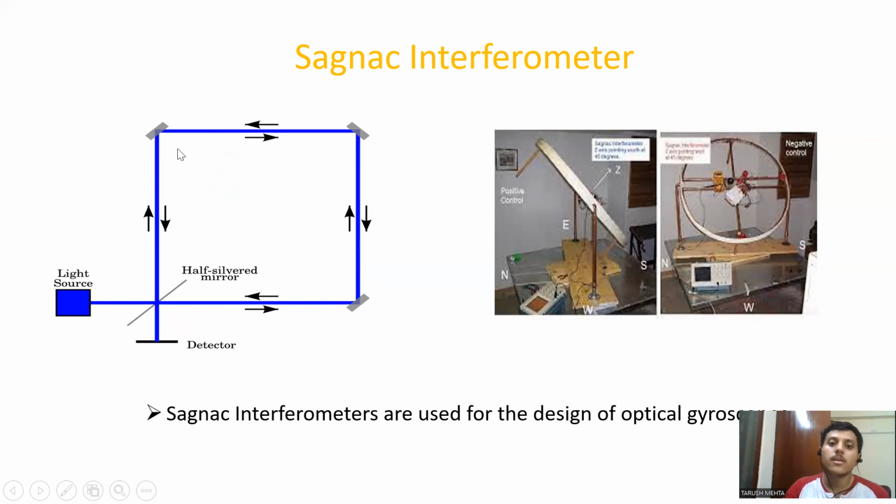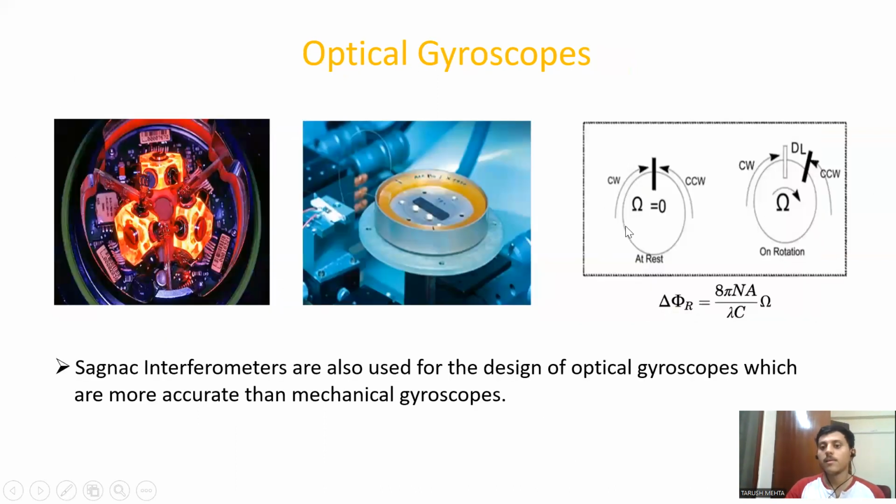Now, if this setup is at rest, then both of these light waves that recombine at the detector will have the same phase, and so constructive interference will always take place. However, if the setup is moved with some angular velocity in the clockwise direction, then the clockwise moving light wave will get slowed down as compared to the counterclockwise wave.